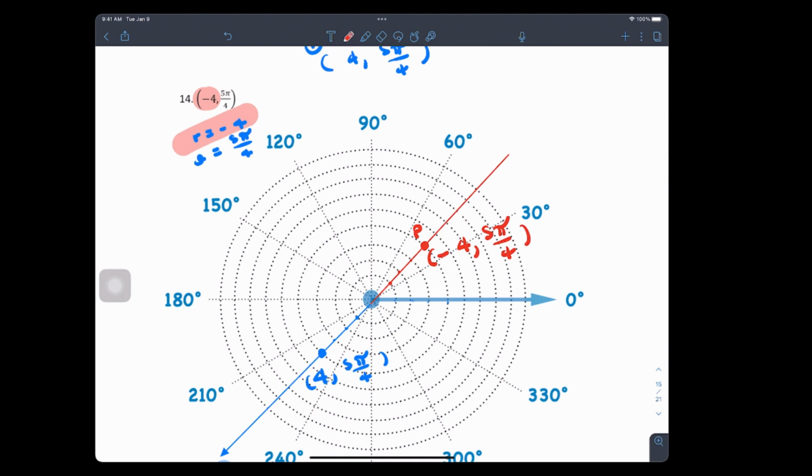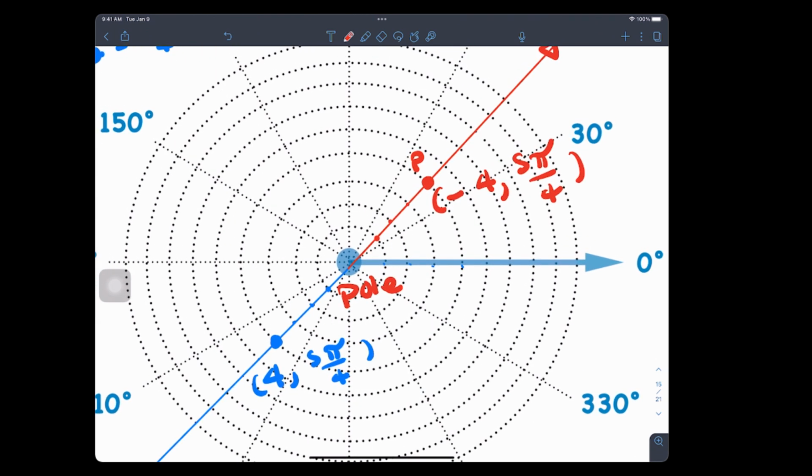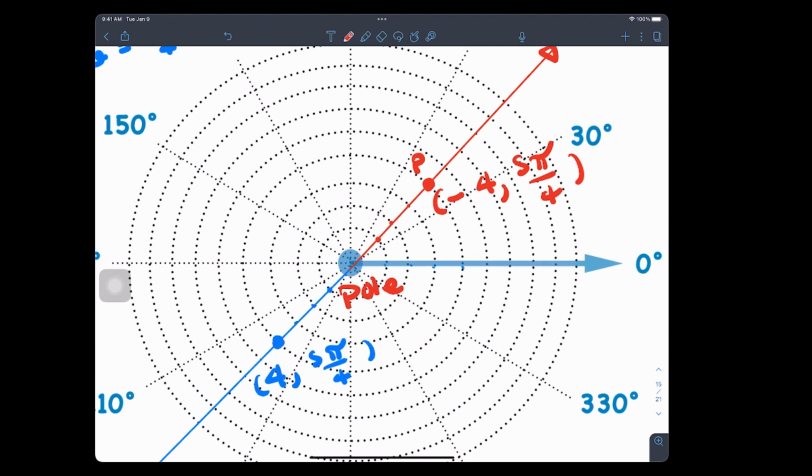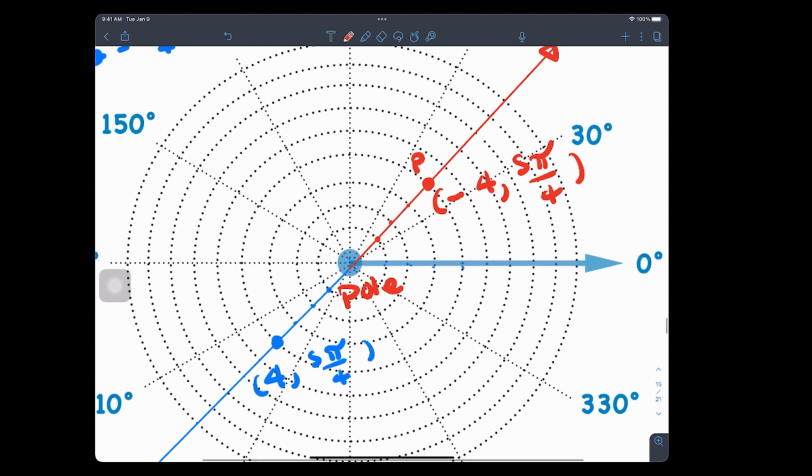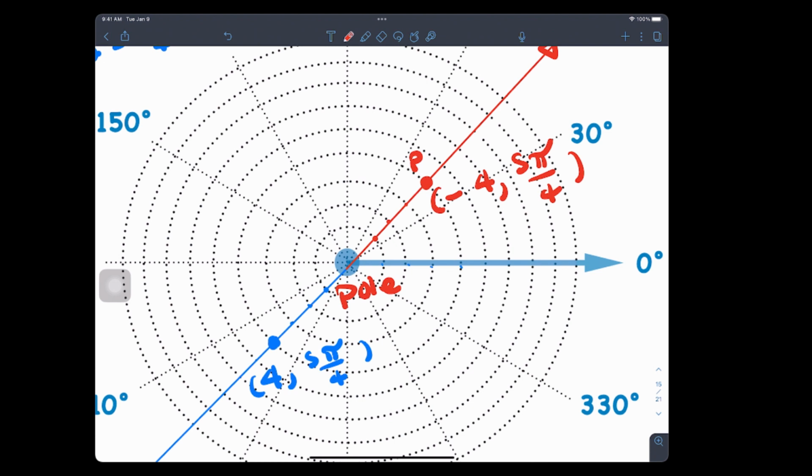Yeah, I'm trying to show you guys opposite the pole. But remember here, down here, here's your pole. So what I did was I plotted the 4, 5 pi over 4, and then I put opposite the pole. It's directly opposite. In other words, yes, it must be what?